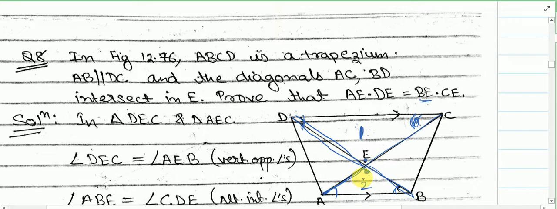Once they are similar, corresponding sides are going to be proportional. So if you are talking about DE, what is the corresponding side for DE? The corresponding side for DE will be BE. So we can write DE upon BE, and the corresponding side for EC will be AE. So we get AE into DE is equal to BE into CE.